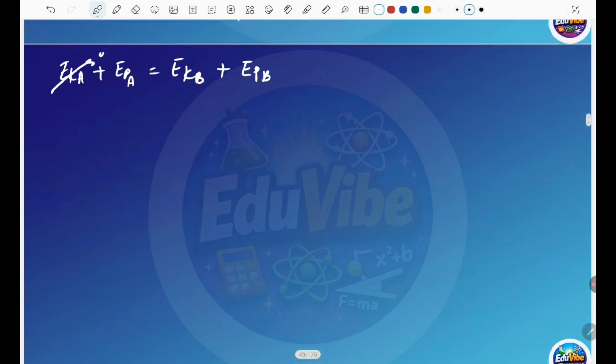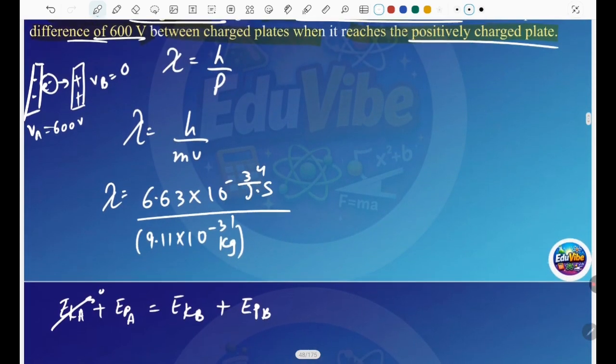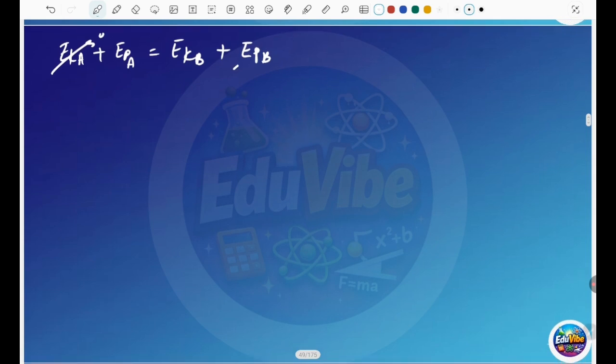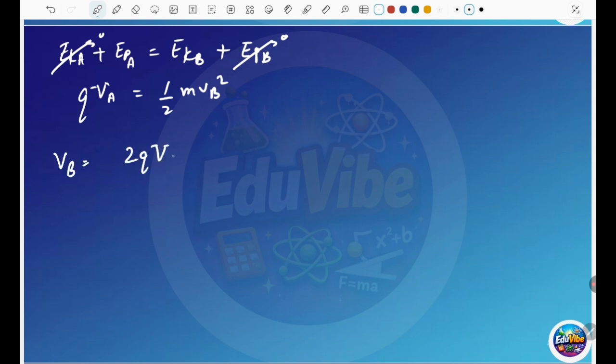And after, VB, the potential difference, is also 0, so it also goes to 0. We are left with EP, which is Q times the potential difference at A, equal to half m VB square. We have to find the VB. So isolate VB from here, you will get the square root of 2 Q VA upon m.